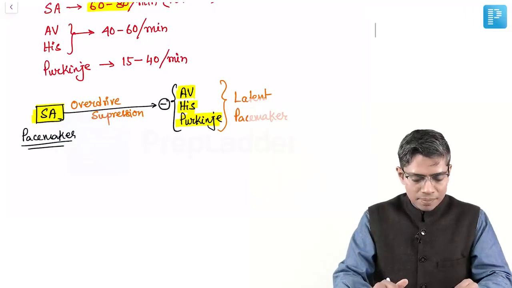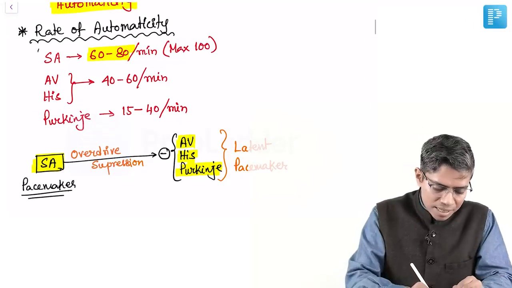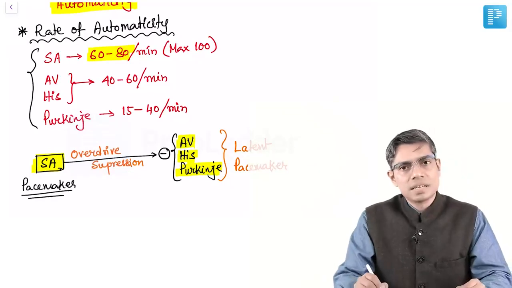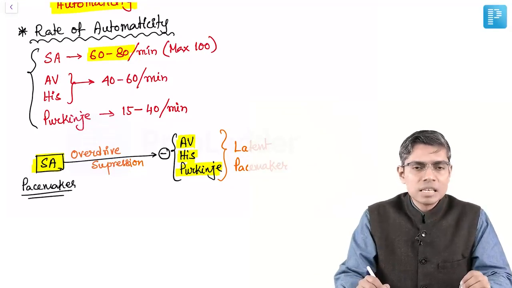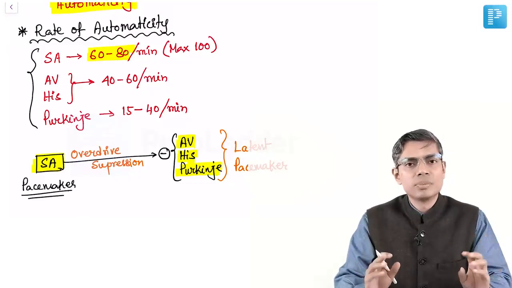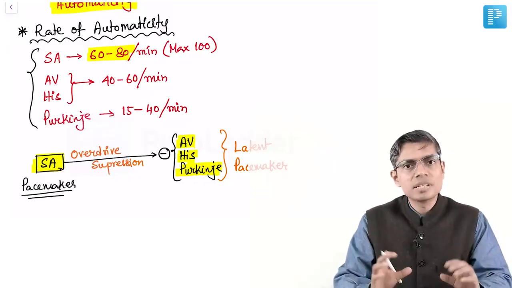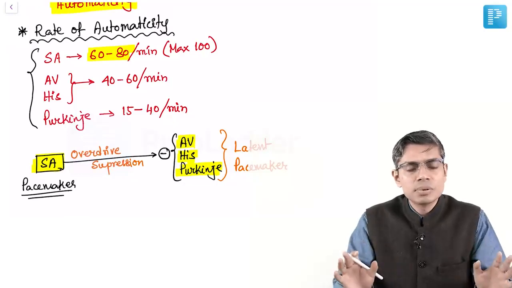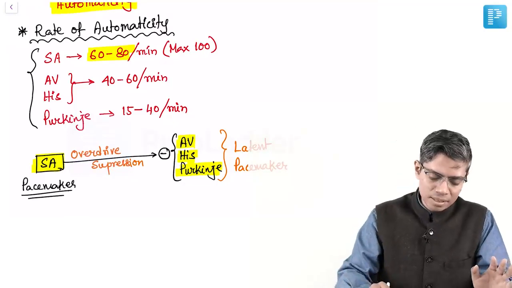So I told you already that this rate which I have written here, these are the automaticity rates. Automaticity rate means even if you cut the sympathetic and parasympathetic system, this rate will continue, means SA node is going to produce a beat with a particular rate even if you disconnect the sympathetic and parasympathetic system.